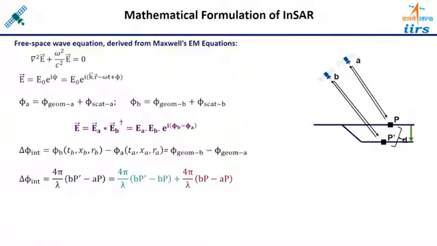And this red colored term 4 pi upon lambda BP minus AP. So BP minus AP. So this is related to the DEM phase, or you can say topographic phase. If you are calculating the images from two different satellite positions of the same area, it means you are able to generate topography of that region.